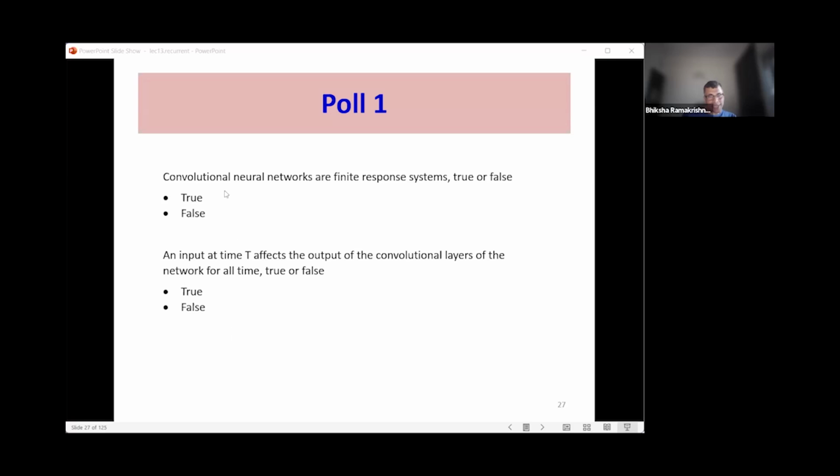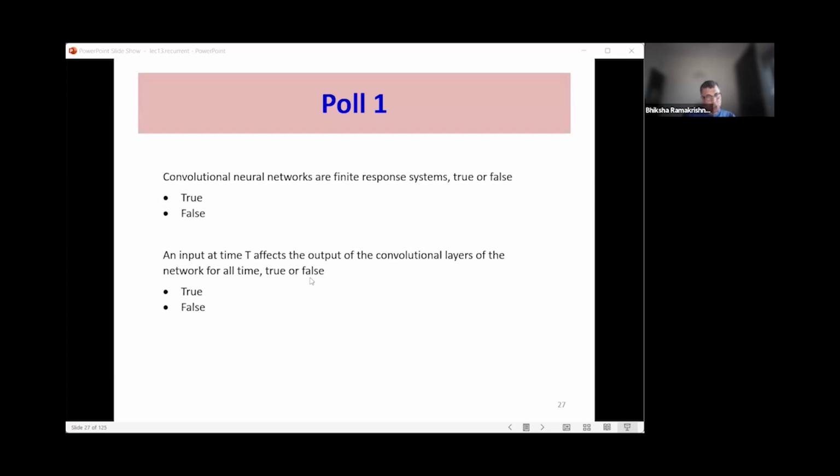So I'm kind of surprised that a whole lot of people who said convolutional networks are finite response systems also marked true for the second statement, which says an input at time t affects the output for all time. Clearly, these two are contradicting one another, right? If it's a finite response system, then by definition, something that happens at any time has a finite window of time during which it can influence the output.